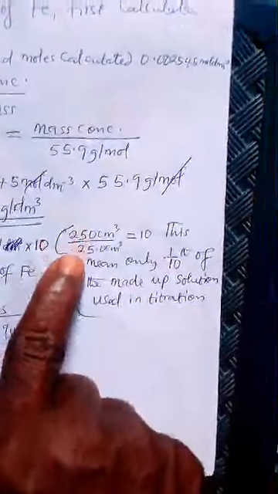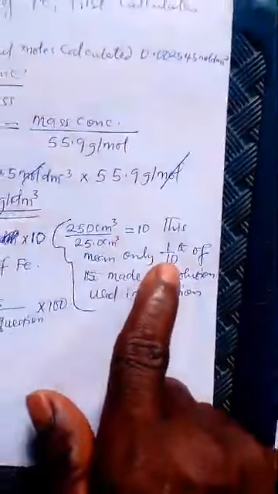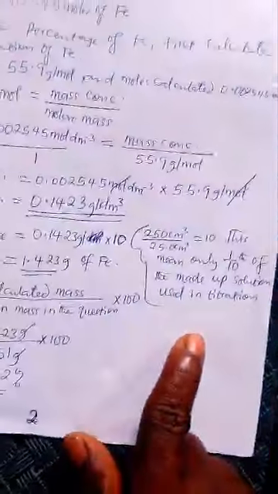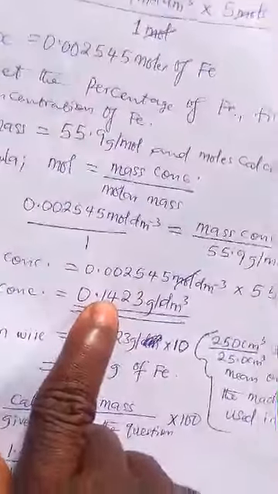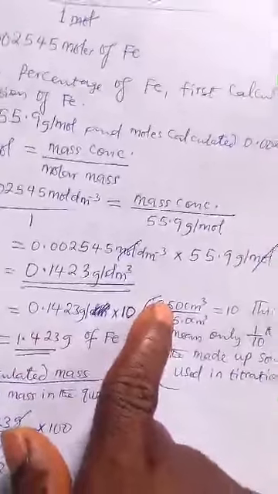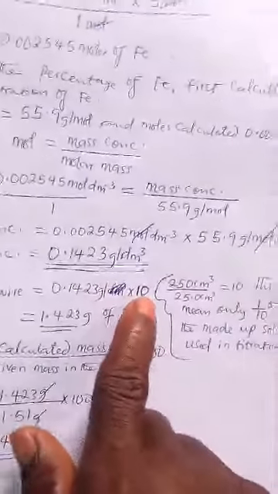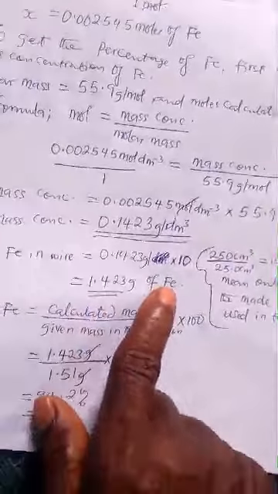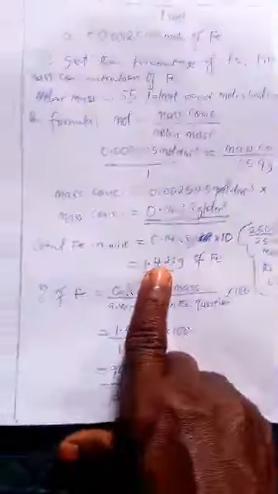If you divide this by this, you get 10. This means only 1/10 of the made up solution was used in titrations. So you now have the mass concentration calculated multiplied by 250 divided by 25, we get 1.423 gram of iron. This is the mass of iron calculated.